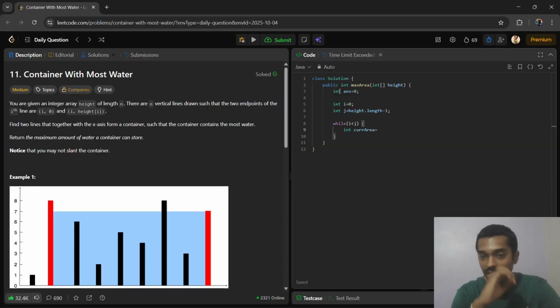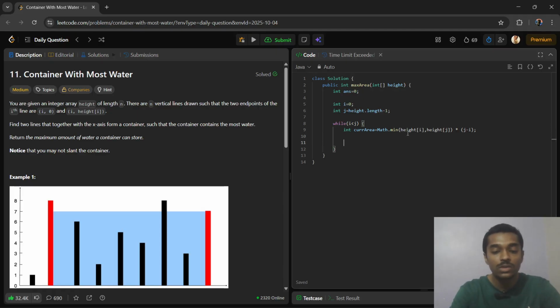The height is Math.min of height of i comma height of j. We take the minimum height, and the width is j minus i.